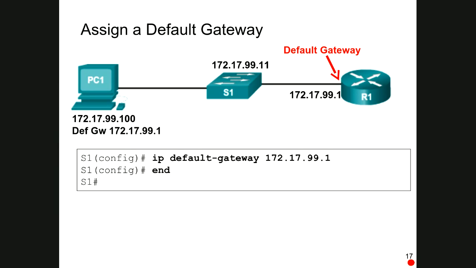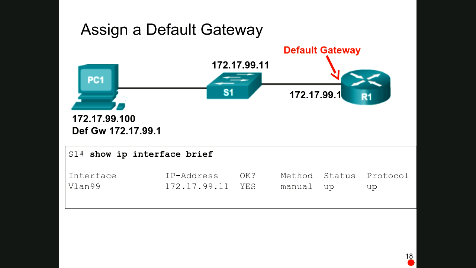Now, just like a desktop PC, a switch needs a default gateway address. In this diagram, the PC is directly plugged into the switch, so it doesn't need a default gateway on the switch. But if you wanted to reach the switch by its IP address from some other subnet on this network, you have to define a default gateway for the switch, just like you would have to define a default gateway for PC1 so you could communicate with it.